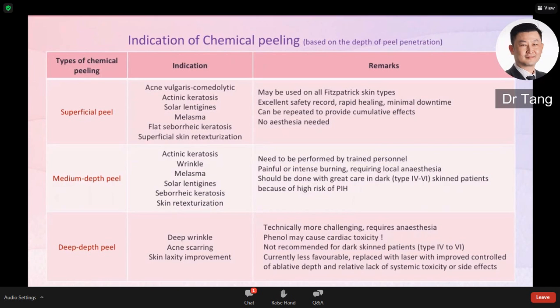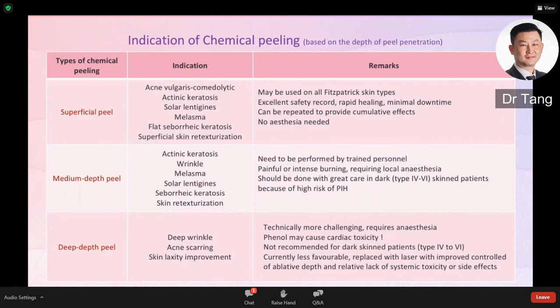Deep depth peel is indicated mainly for deep wrinkles, acne scars, and skin laxity improvement. And deep depth peel technically is more challenging and it requires anesthesia. And the chemical agent phenol, which is used in deep depth peel, may cause cardiac toxicity.